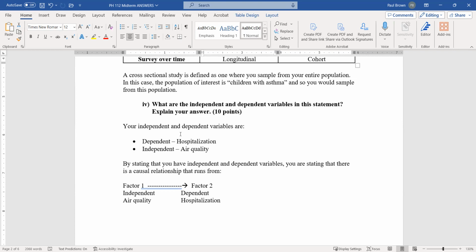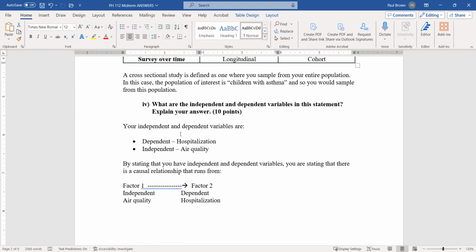I want to know why you look at it that way. I have to say it's not easy to identify independent and dependent variables. It takes a lot of practice, especially when you read an article, they show a table, and you're trying to figure out which of these variables are independent and which ones are dependent.